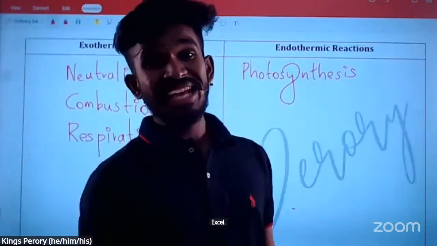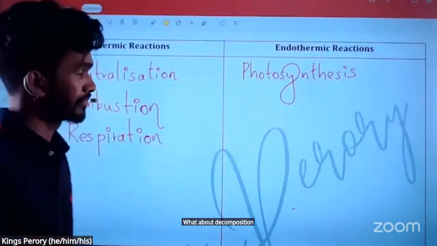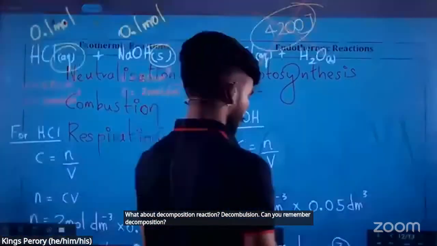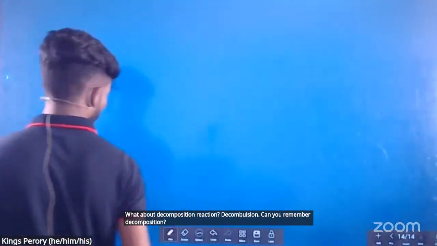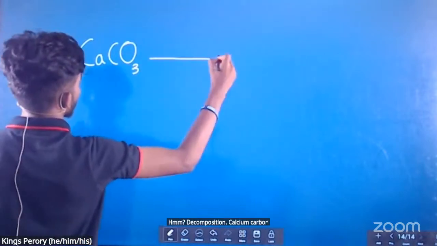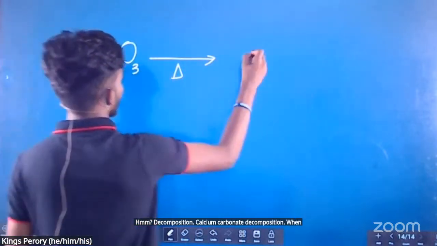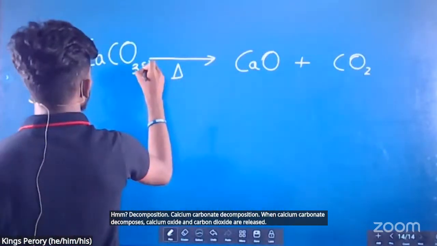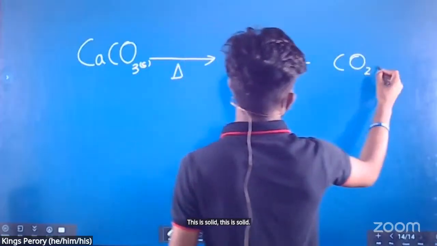What about decomposition reaction? Can you remember decomposition? Calcium carbonate decomposition. When calcium carbonate decomposes, calcium oxide and carbon dioxide are released. This is solid, this is solid, this is solid.